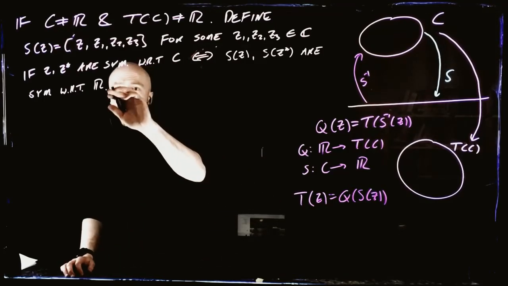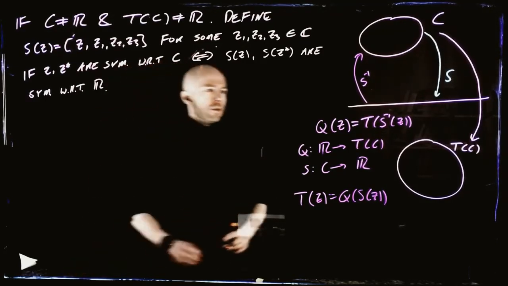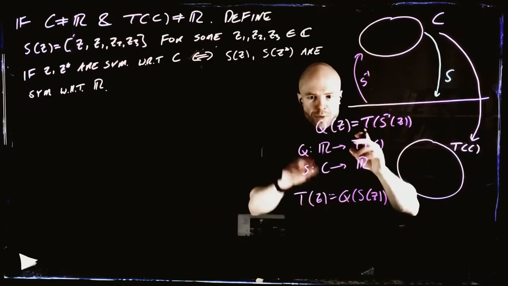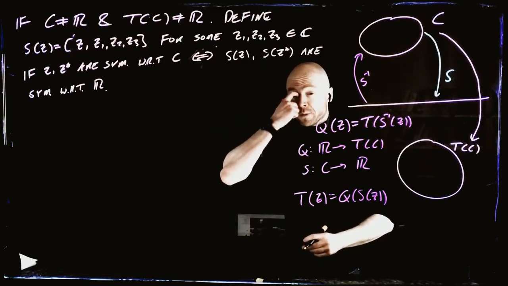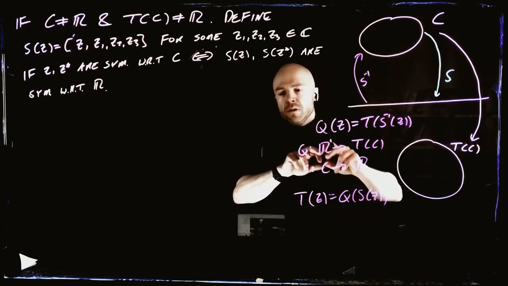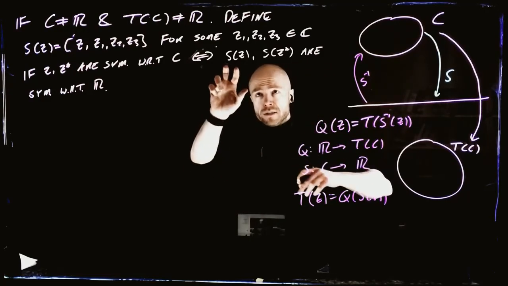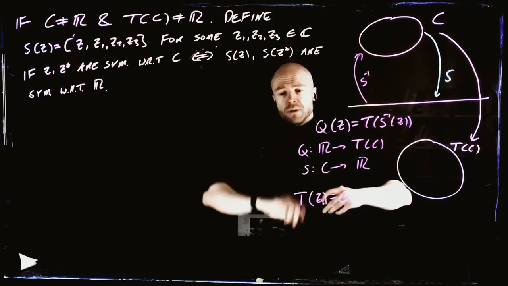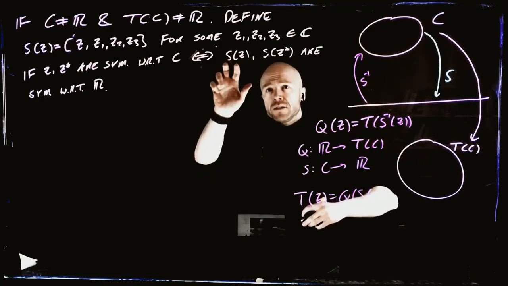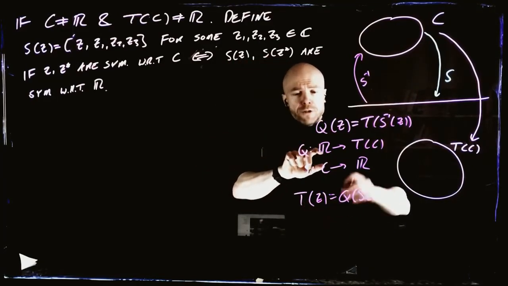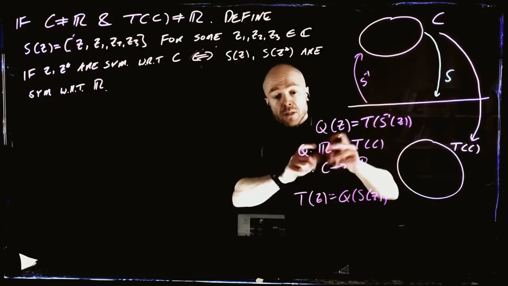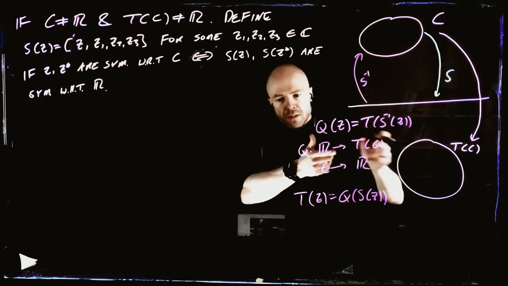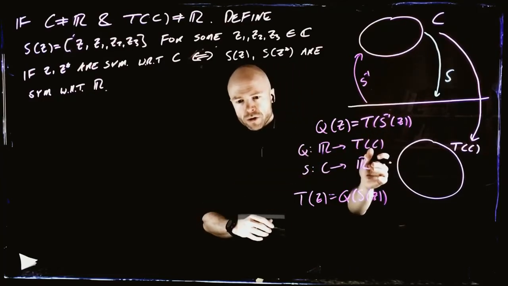And if we look at this mapping Q, since S of Z and S of Z star are symmetric with respect to R, if we map these with Q, then the images of S of Z and S of Z star have to be symmetric with respect to T of C, because Q is mapping from R to T of C, and that's the case where we've already established the symmetry is true.